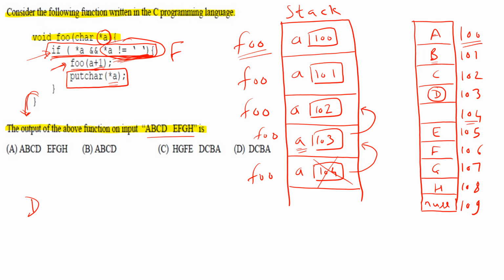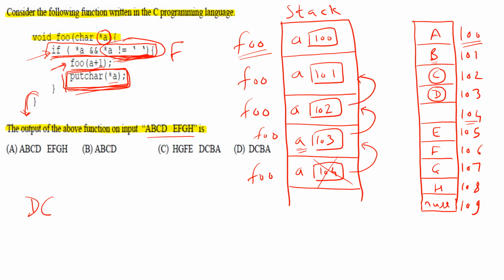In the previous call as well, what is left over is this putchar. Right now A is referring to 102, so we print star 102, and star 102 is C. So we print C. Then we exit from that call and control goes back to the previous call.